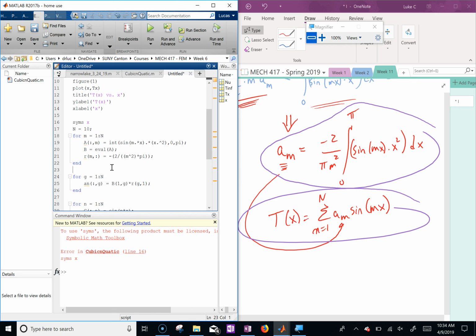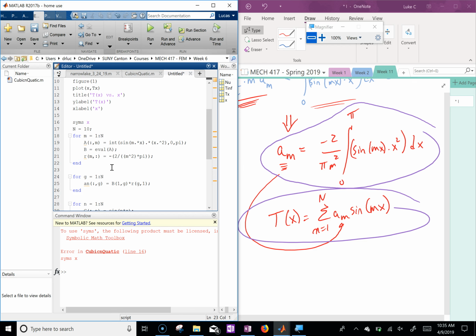So line 19 is actually just this integration one time, right? Because m is, if we just picked m as 1, okay? But what we need to actually figure out is how many n's we're going. We're doing 10, right? So how many coefficients are there going to be? A1, A2, A3, all the way to A10. Okay, that's why I had it in a loop.